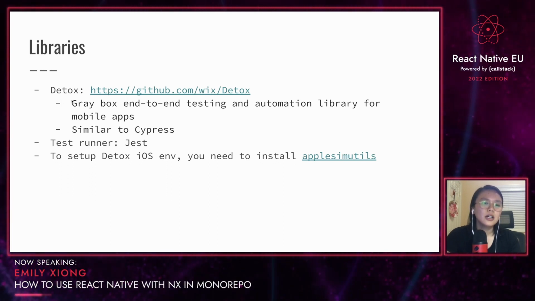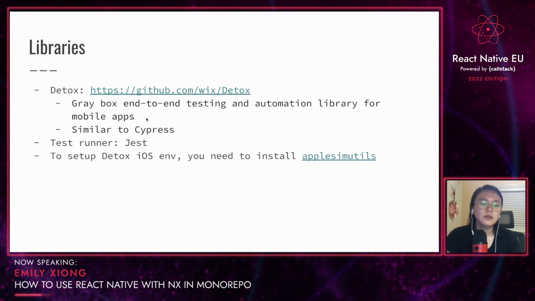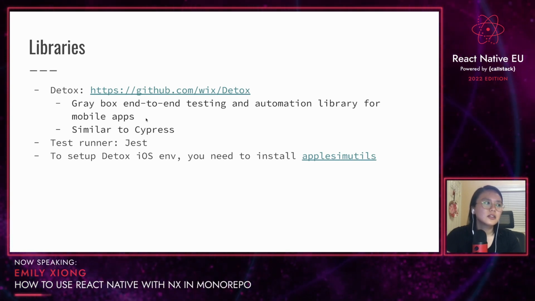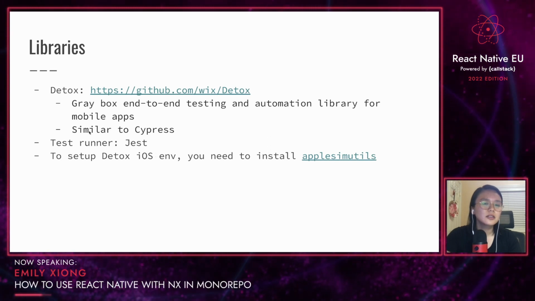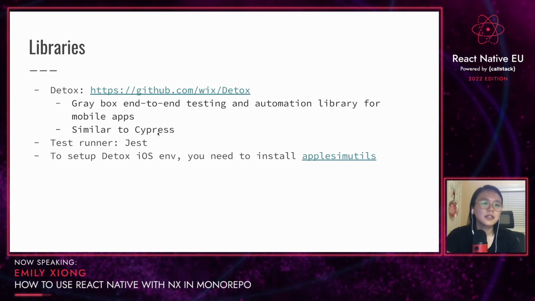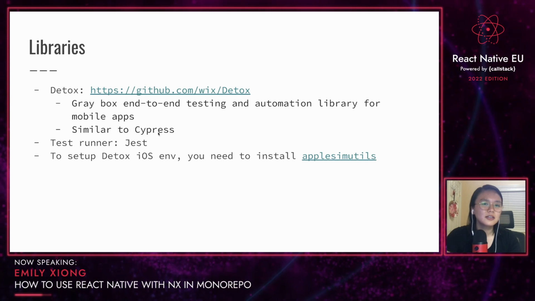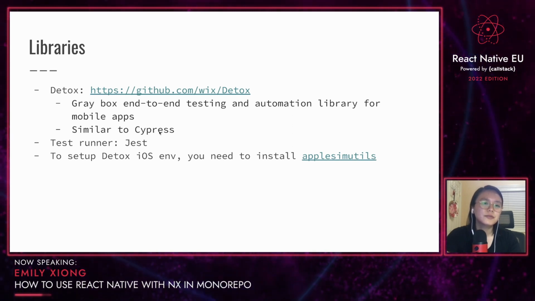So what is Detox? Detox is a gray box end-to-end testing and automation library for mobile apps. It's similar to Cypress, which is for web applications, and they have somewhat similar syntax.